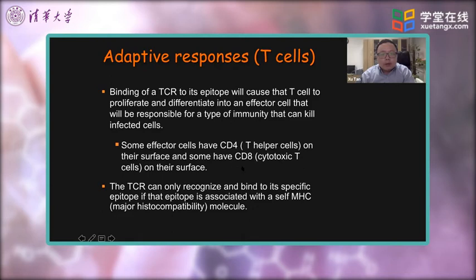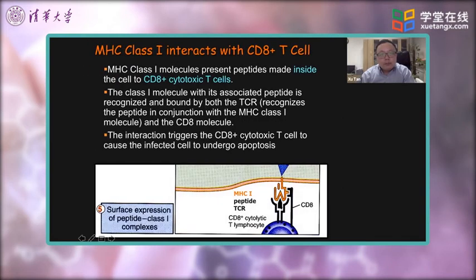This TCR can recognize and bind to a specific epitope if the epitope is associated with self-MHC molecules.